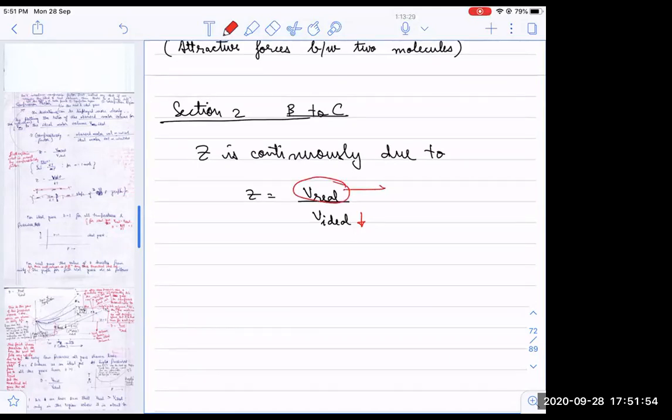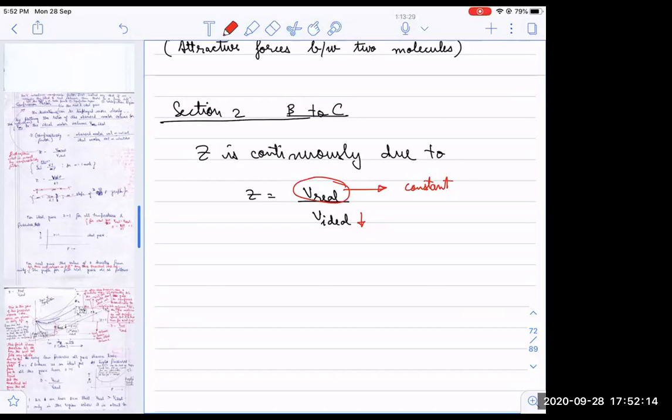Please observe, V real almost remained constant. Why? Because liquids and solids have constant volume upon the increase of the pressure. If you apply any amount of pressure on liquids or solids, their volume does not change.